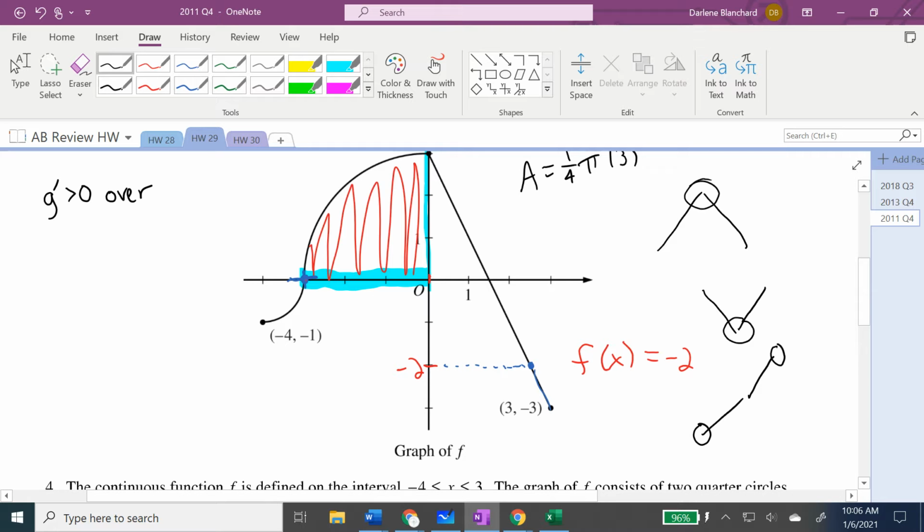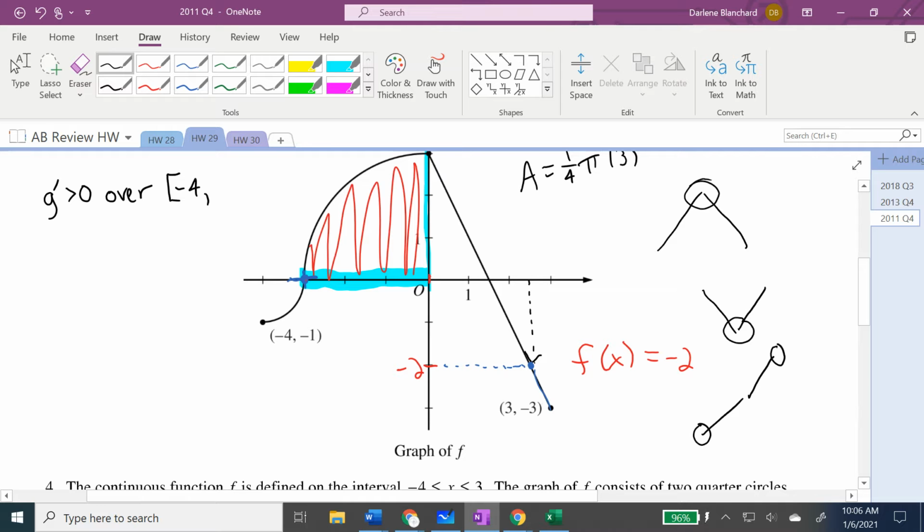So my function begins at -4. As I go from -4 to this critical number, now I actually need to be careful about finding this critical number and make sure that I have the right x coordinate. I have to do that based on the equation of this line.